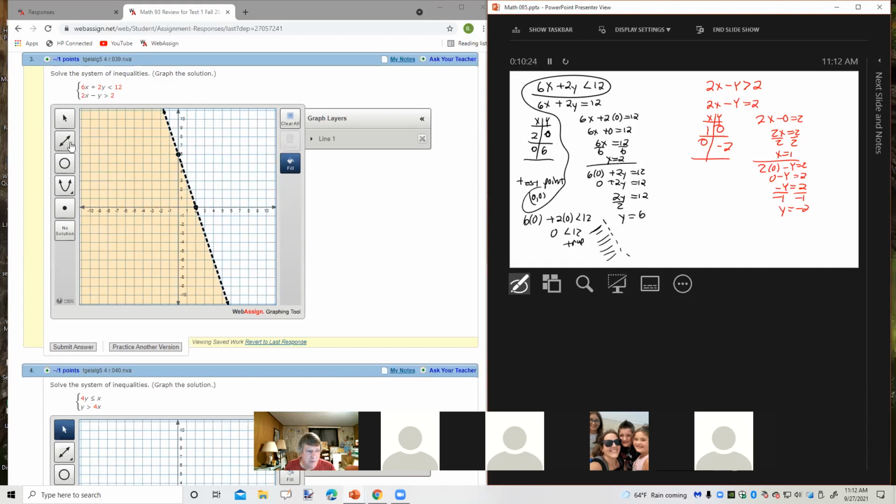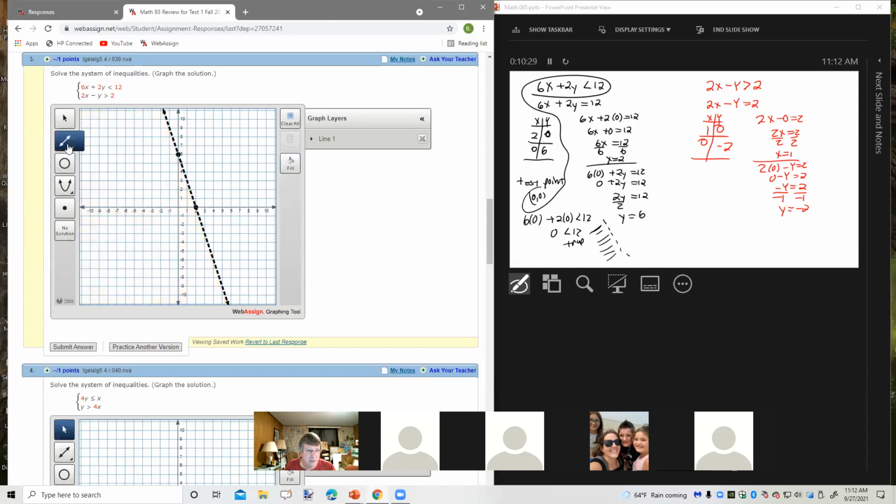So now let's go over here, click on it. And 1, 0, 0, negative 2. That also does not include equals, so that's a dashed line.